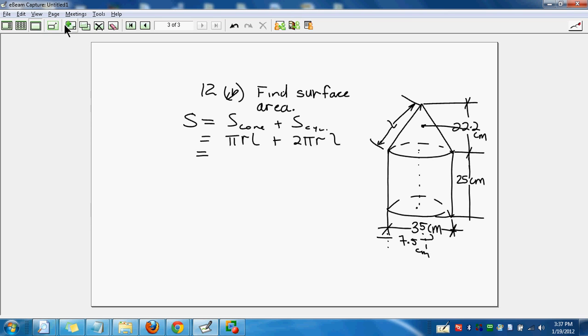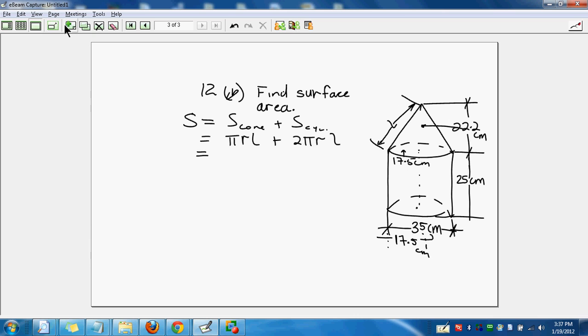So this dimension right here will also be 17.5 centimeters. So we will have to use Pythagoras' theorem to work out what L would be, because it's a right angle triangle.